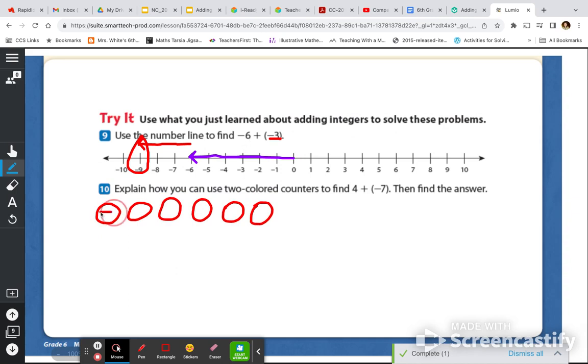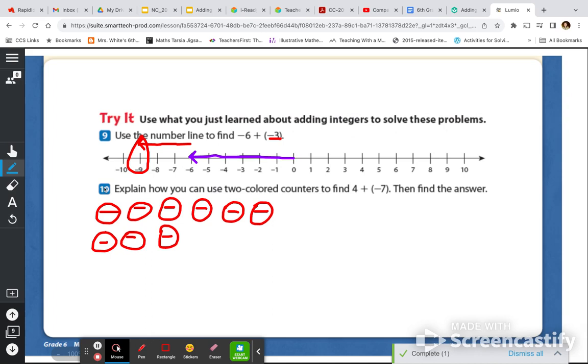So I'm going to put a negative sign in that. 1, 2, 3, -4, -5, -6. Now, my second number is also a negative, -3. So that's -1, -2, and -3.